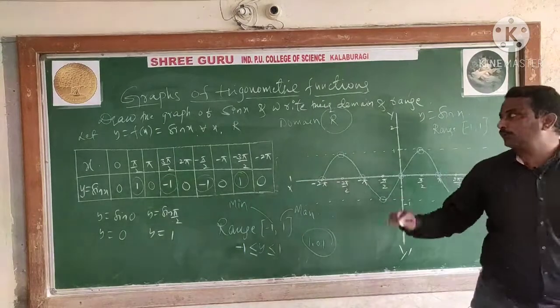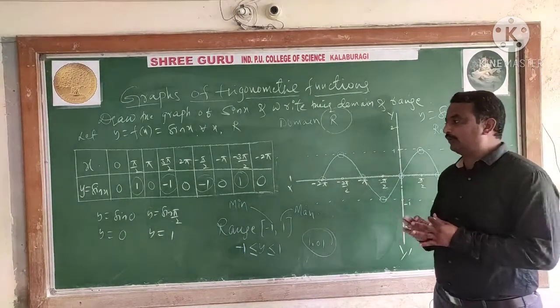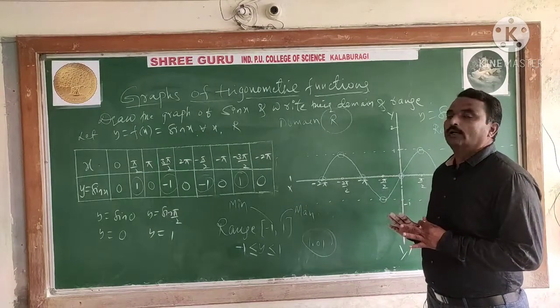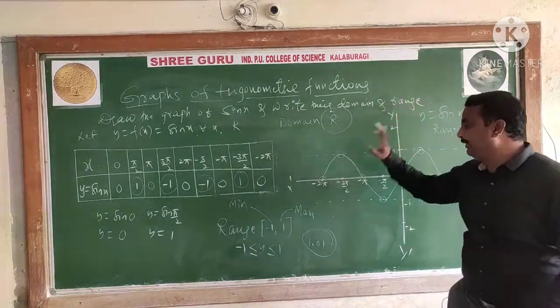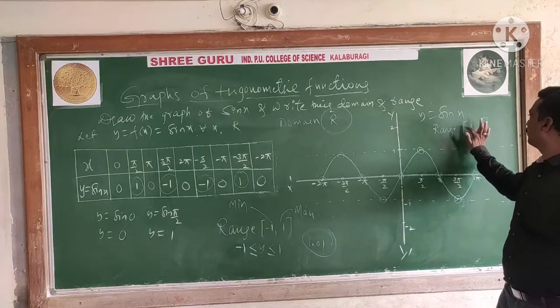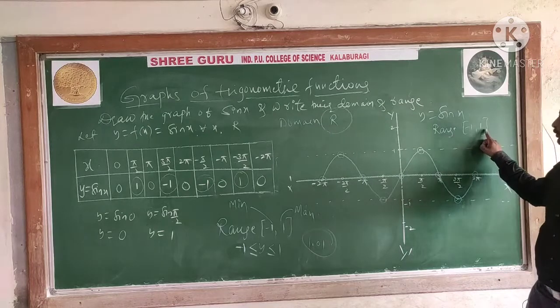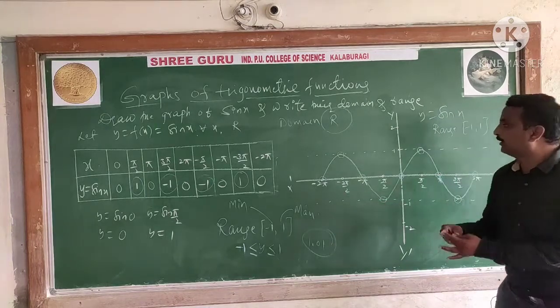So for the graph of y equals sin x, the domain is the set of all real numbers and the range is the closed interval from minus 1 to plus 1. It can't exceed this. See, students, here we have marked the dotted lines.